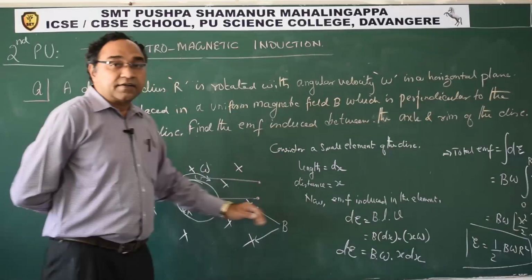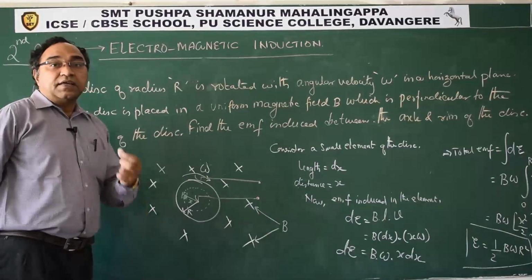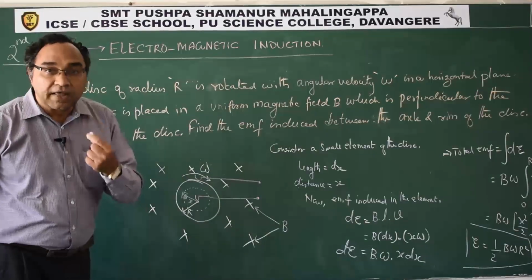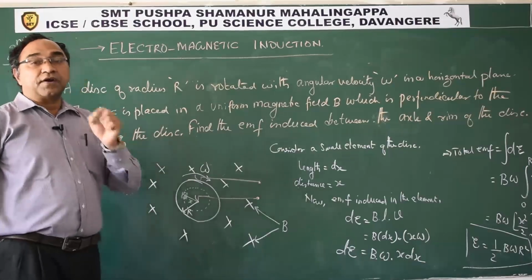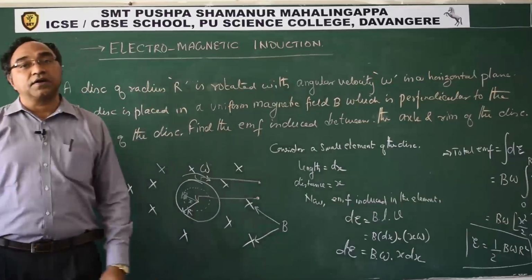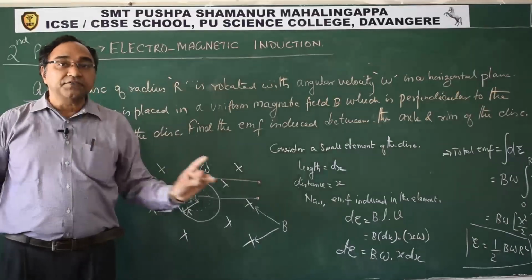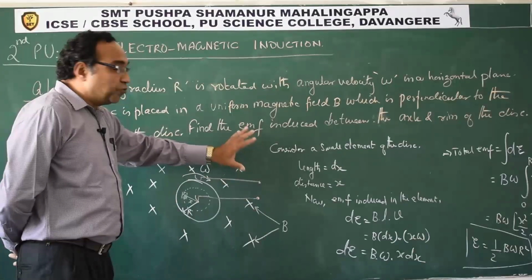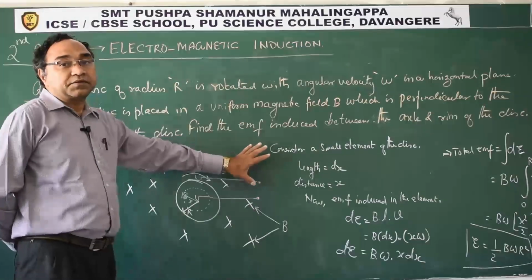In the second case, we have taken the EMF induced in a small element. Please try to understand the approaches which are used to solve the numericals. Don't try to remember the results. Approaches are more important. Clear?